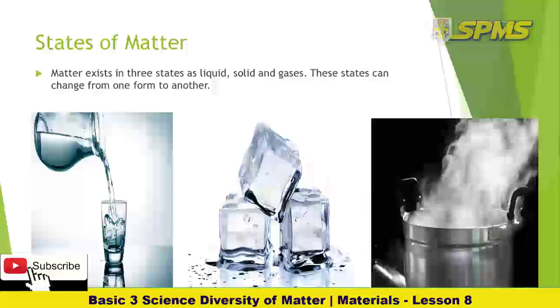So we have examples of substances on our screen. The first image, you can see water being poured into a glass. And that is in the form of what? Liquid. So it is flowing very freely or easily. And then the second image, we see ice cubes.